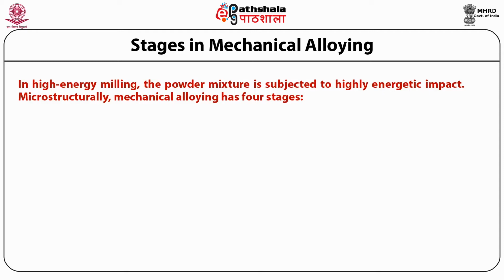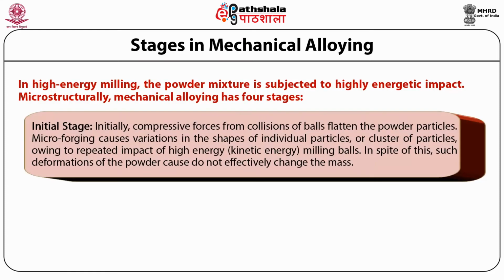Microstructurally, mechanical alloying has four stages. First one is the initial stage. Initially, compressive forces from collisions of balls flatten the powder particles.